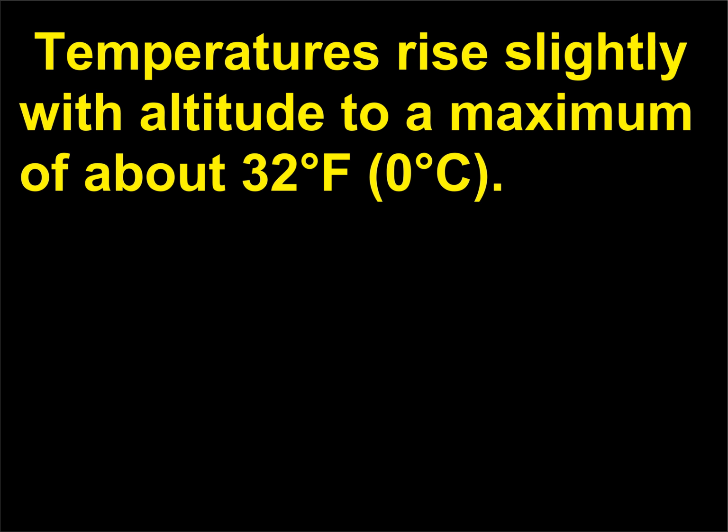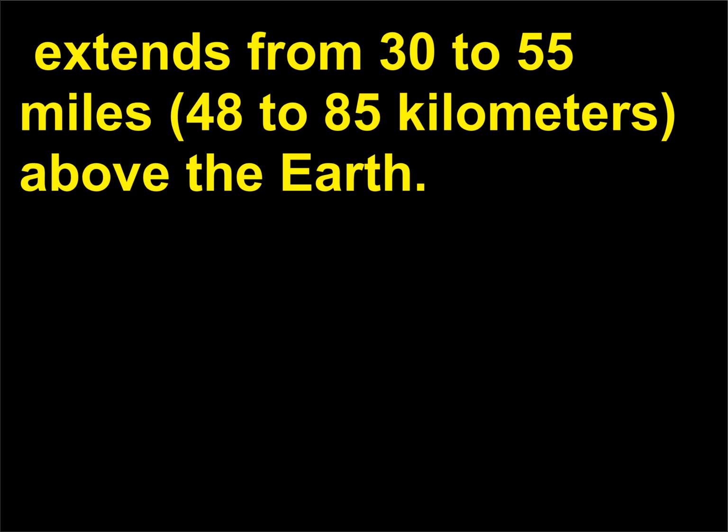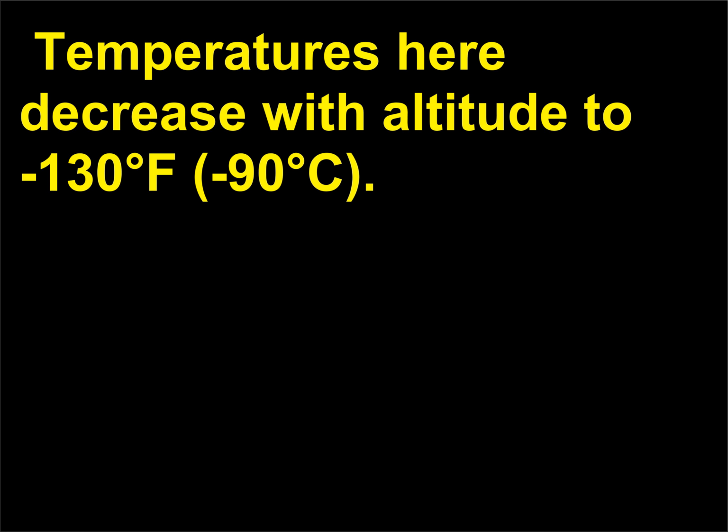3. The mesosphere, above the stratosphere, extends from 30 to 55 miles, 48 to 85 kilometers, above the Earth. Temperatures here decrease with altitude to -130 degrees Fahrenheit, -90 degrees Celsius. 4.